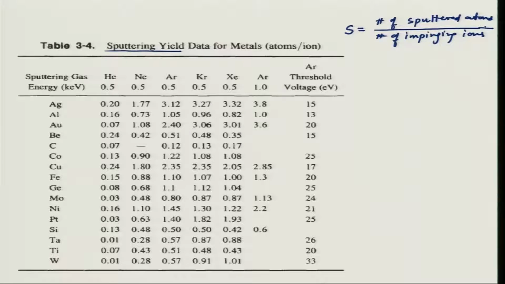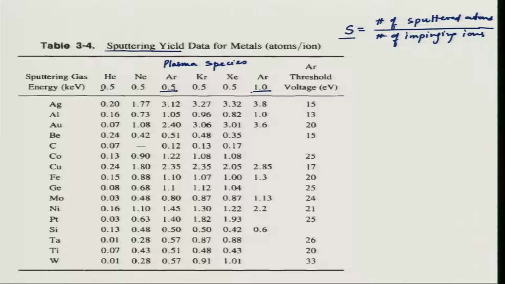This table here gives an idea of different sputtering yields for different metals under different plasma gases. So, these are my plasma gas or sputtering gas, and these are my metals, the target of which we make our cathode, and these are at different energies, and a comparison between argon at higher energy and at 0.5 kilo electron volt.